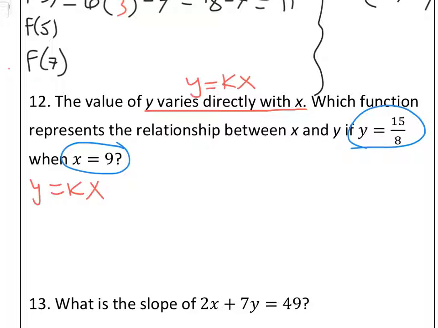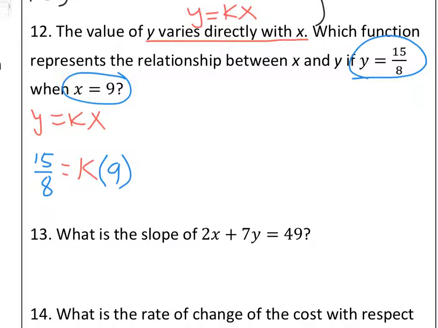So y is 15 over 8, so let's go ahead and put 15 over 8 is equal to, and then the k is what we're trying to find, and then instead of k times x, we're going to go k times 9, or in other words, 9k. So if I go ahead and rewrite this, it's going to be 15 over 8 is equal to 9k.